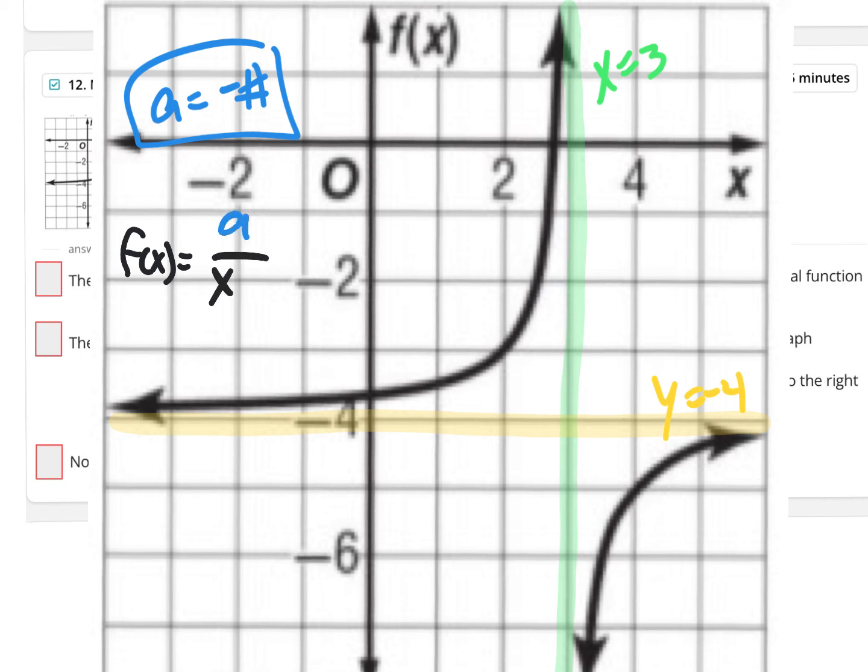On the bottom, we have x minus h. What is h in this case on this graph? 3, right? The asymptote x equals h. So it's x minus 3 and then plus a -4 at the very end. So there's my function.